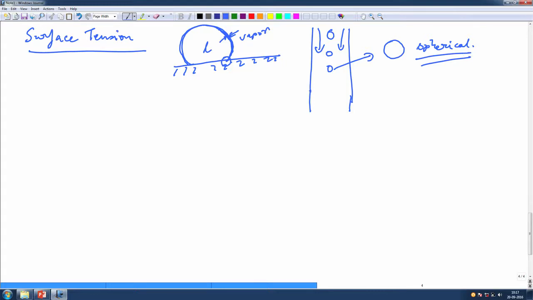Of course, I have assumed a low speed flow, so that there is no distortion of the shape. If the droplet is not under any external stimuli, like aerodynamic stress, it will remain nice and spherical. So, this shape is due to surface tension.